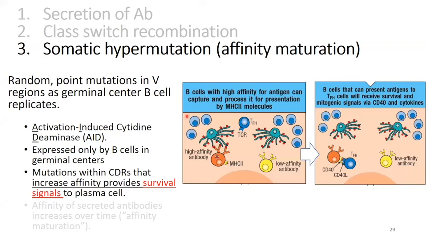And it's the ones that have the higher affinity antibodies that actually survive better. The reason for that is those are better at collecting antigen, processing it and presenting it to T cells. So the ones that have the higher affinity receptors get more positive feedback from those helper cells. The lower affinity B cells with the lower affinity antibodies tend to die off.